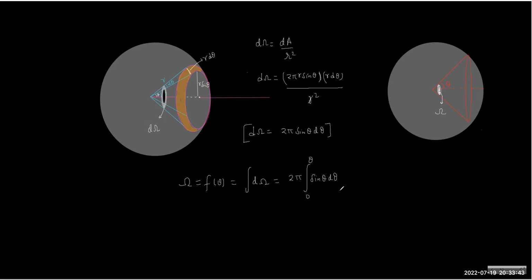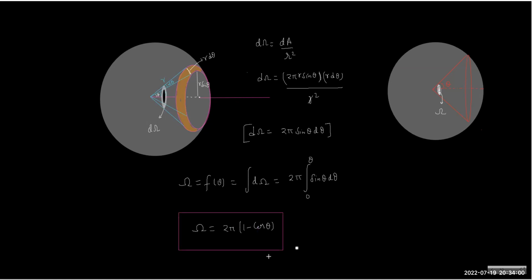And now this is easy. You can just integrate this one, and this turns out to be 2 pi times 1 minus cos theta. Now this formula is so famous and so useful that you are supposed to remember it by heart.